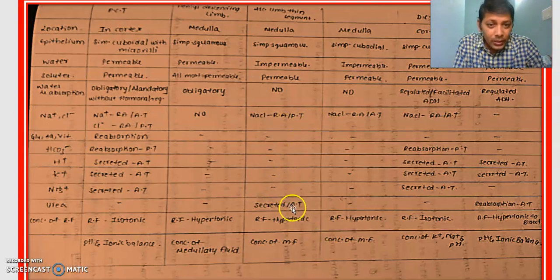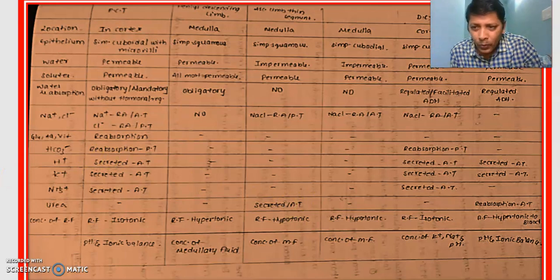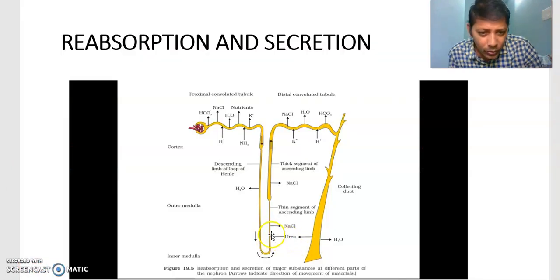And urea is secreted into this segment by active transport. All secretions, I told you, are active transport. If you observe the entire loop of Henle, reabsorption takes place in all parts, thin segment, thick segment, descending limb and ascending limb, but in only one part secretion takes place.